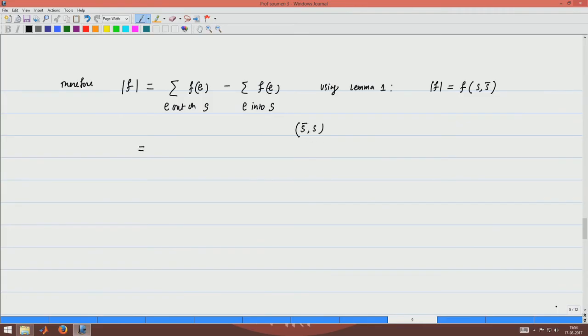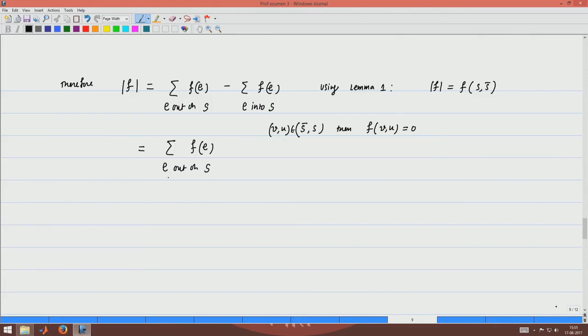So, this is equal to f of E out of S. Just now we proved that if an edge is from S bar to S, that means it is an edge into S, then f of E is equal to 0. This we proved on the previous page.